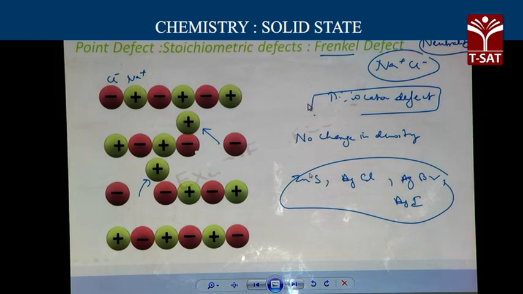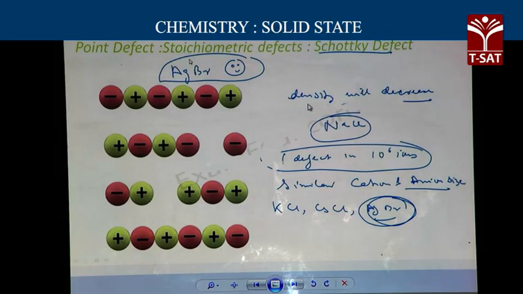If you observe the Schottky defect, what is meant by Schottky defect? The defect arises due to missing of the atoms or ions from their lattice position. They will be missed. They will not be found anywhere in the crystal. As a result of this, because of Schottky defect, the density of the crystal will decrease.